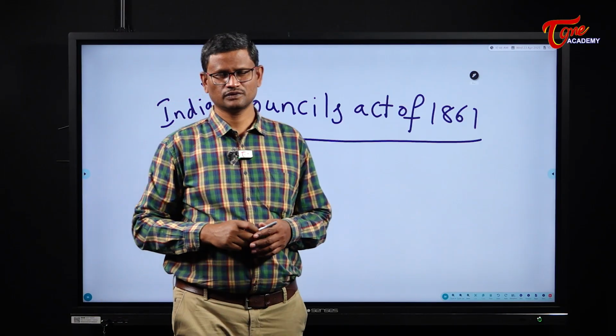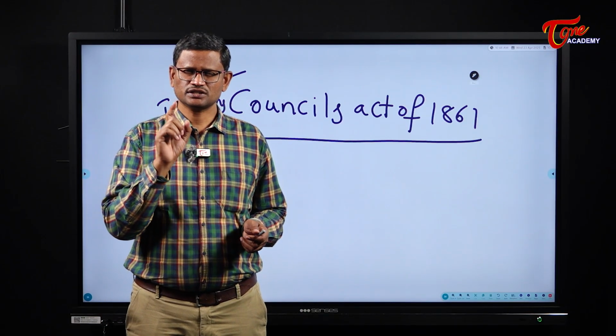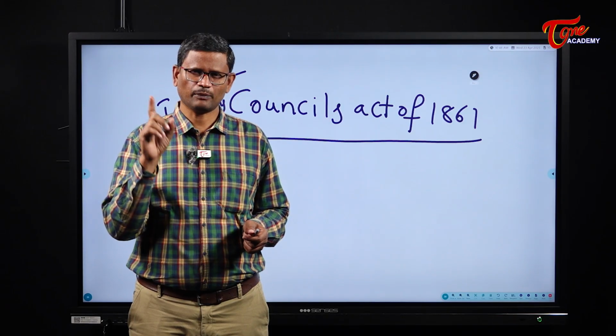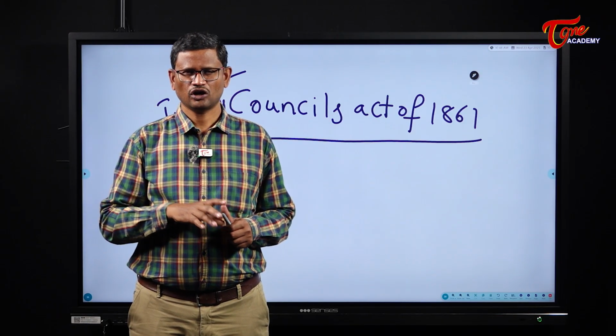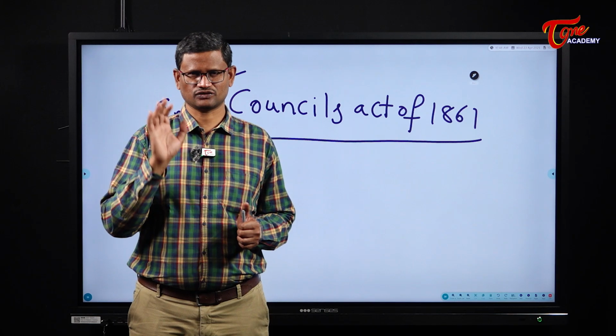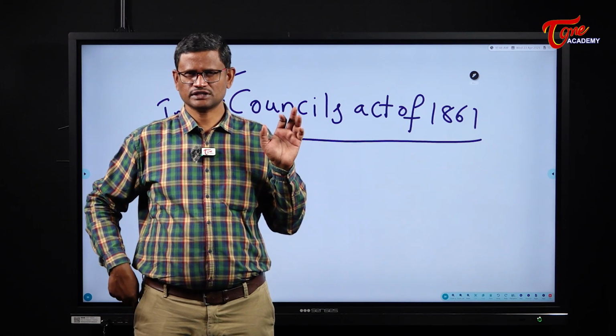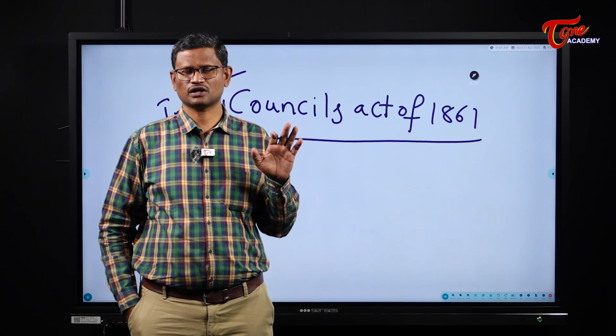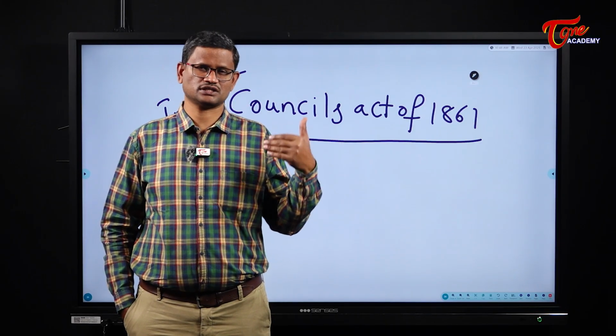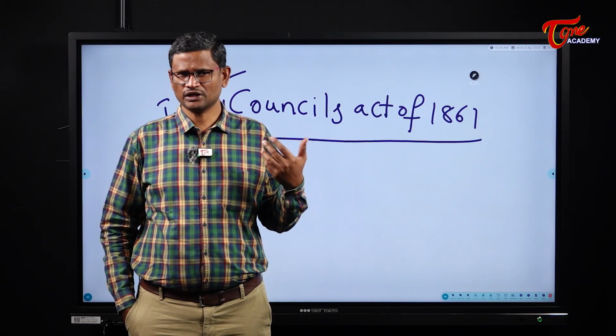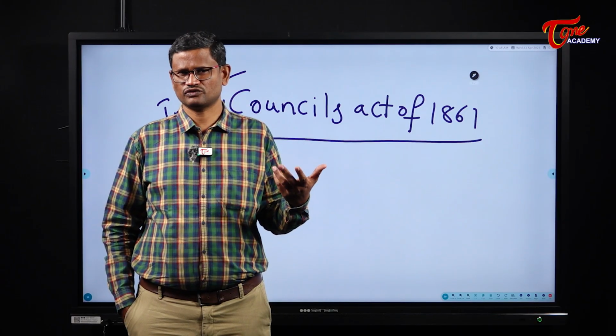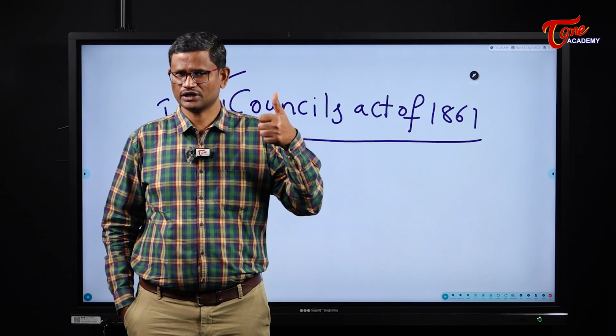One is the legislative centralization which happened in 1833 was undone in 1861. So, the Indian Councils Act of 1861 provided for legislative decentralization, which means the lawmaking powers of the British Indian provinces were restored. This is one very important feature.